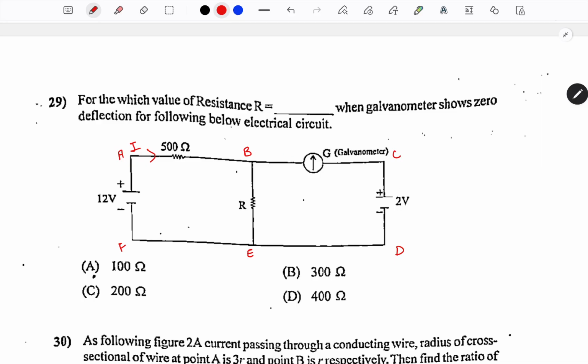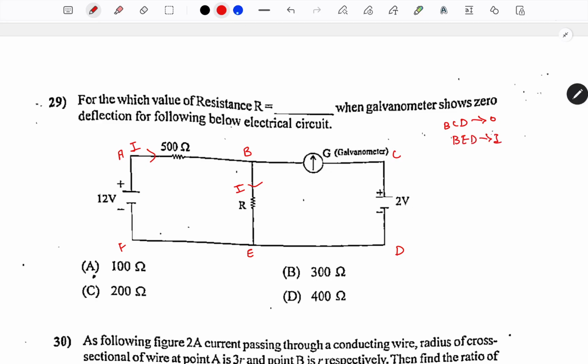Therefore, in path B, C, D, the current is 0, and hence the current through resistor R is I. So in path B, E, D the current is I.